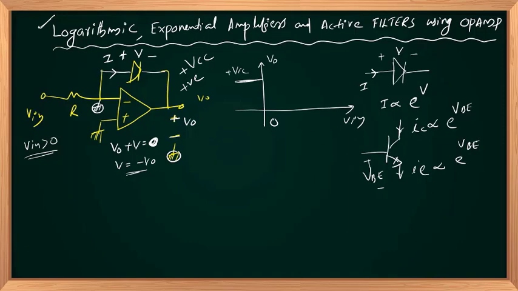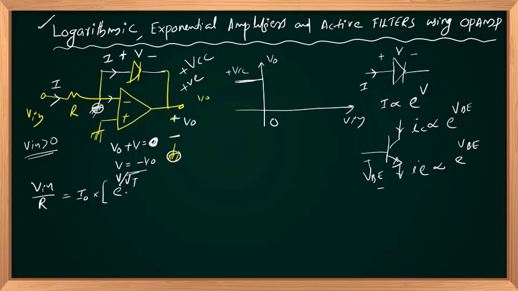The diode current is nothing but the current flowing through R because this is at virtual ground. Vin minus 0 by R is the current I, and there is no input current to the op-amp. The same current I circulates through the diode. So the diode current is Vin upon R. That is equal to the forward current expression of a diode, I naught, the reverse saturation current, multiplied by exponential V by Vt minus 1.